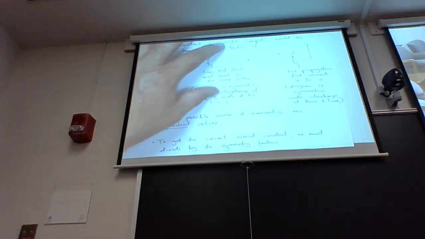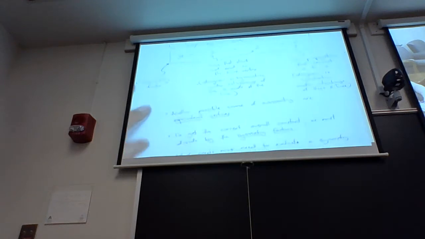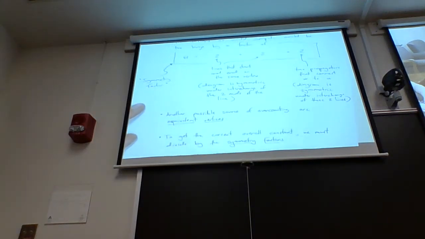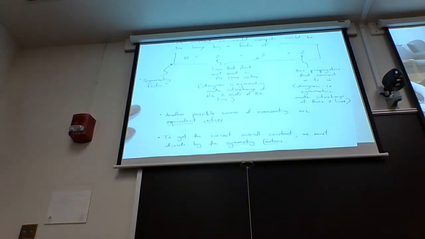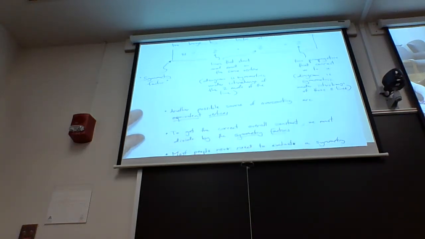Another possible source of overcounting that we don't necessarily see in this diagram is when we have what are called equivalent vertices. I don't really have an example off the top of my head that I can state, but I'll show you an example when we get to a theory besides phi to the 4th.